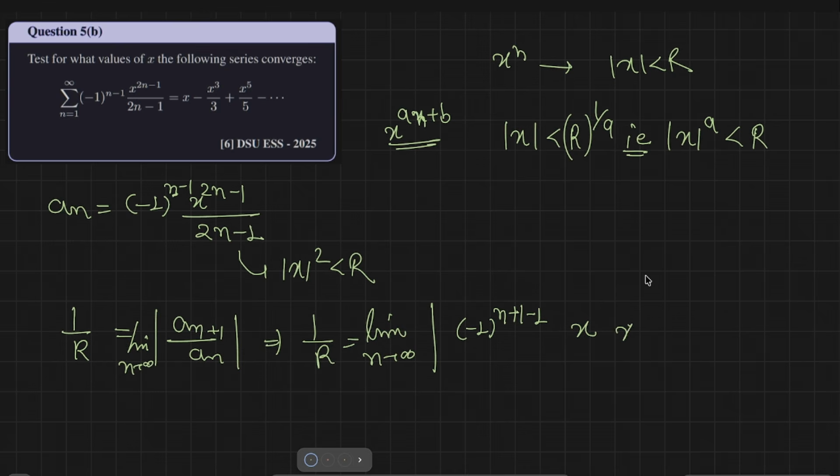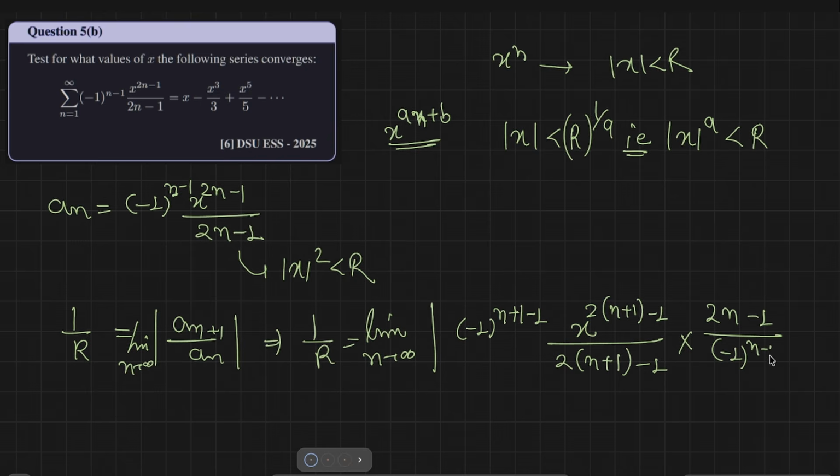Replace your n with n+1. This is x^(2(n+1)-1) divided by 2(n+1)-1. The reciprocal, what will it be? (2n-1) upon (-1)^(n-1) and x^(2n-1), the mod. This is 1/r equals limit n tending to infinity.